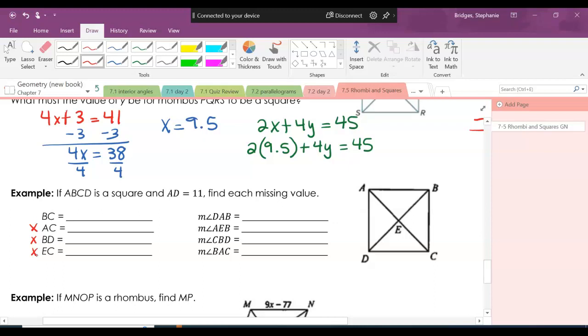You should be able to do that based off of what we just talked about. Okay, you can leave AC, BD, and EC blank. We're going to get to that in just a few minutes. But I want you to try to find BC and then find the measure of all of those angles that I just talked to you about. That's going to be all. This square has a property of all of it.